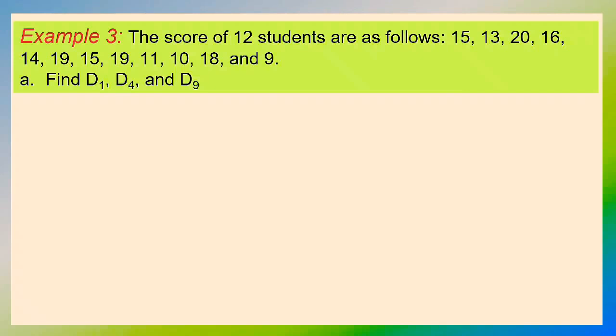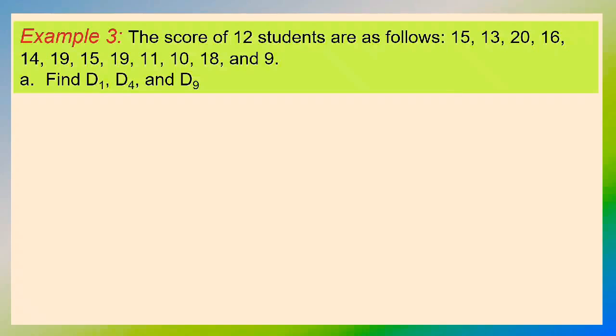Before we proceed, class, observe that the examples that I am presenting to you right now are the same set of examples that I used under the general method. So don't be confused by the values that we will get, because sometimes the values are different depending on the method that we are going to use.